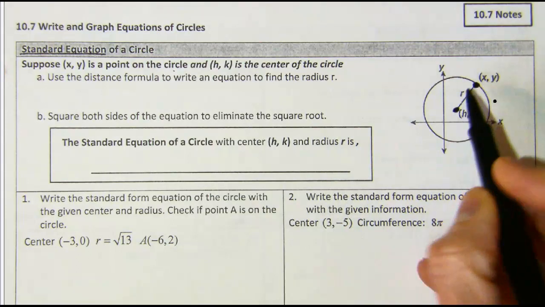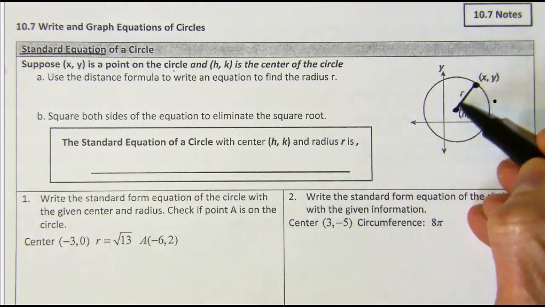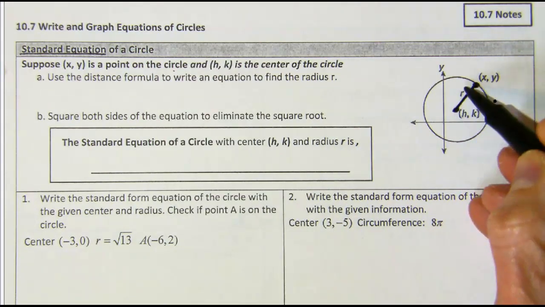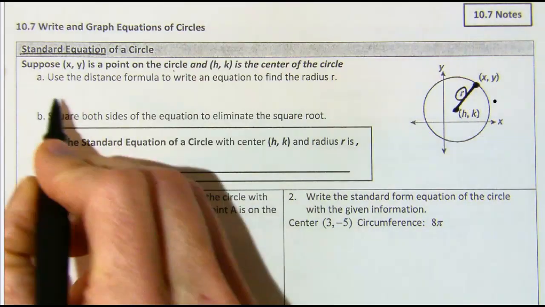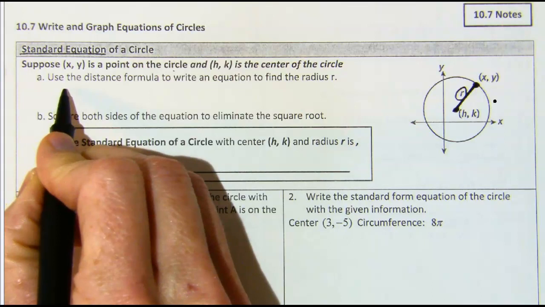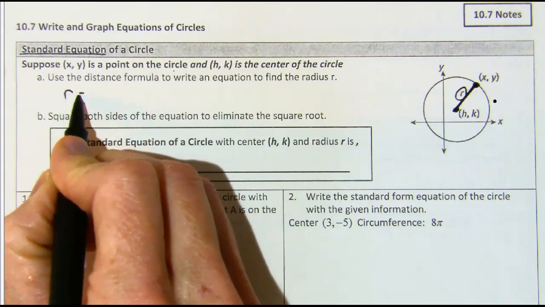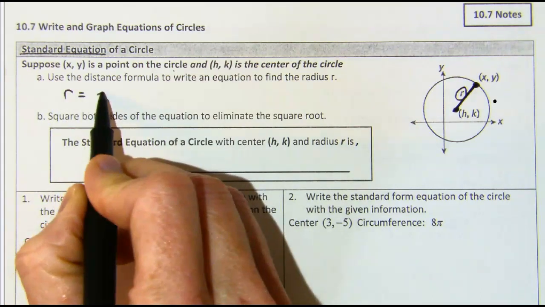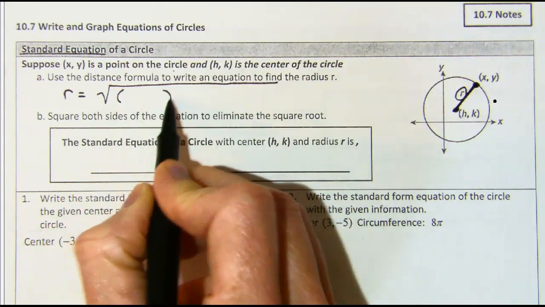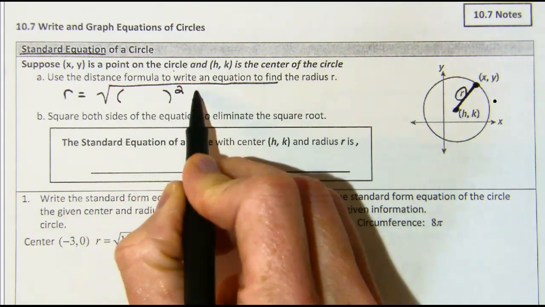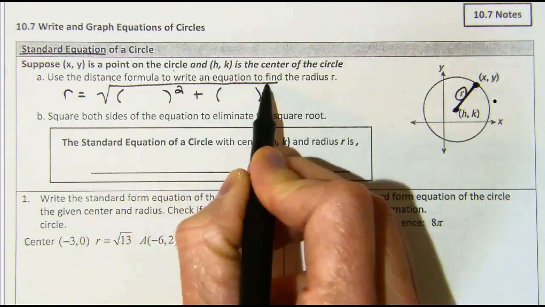So the distance formula of here to here, if we're looking for the distance, we would actually be looking for the radius. So the distance formula would typically be d equals, but I'm going to say r equals, and it's a really long square root, and it's the x coordinates plus the y coordinates.